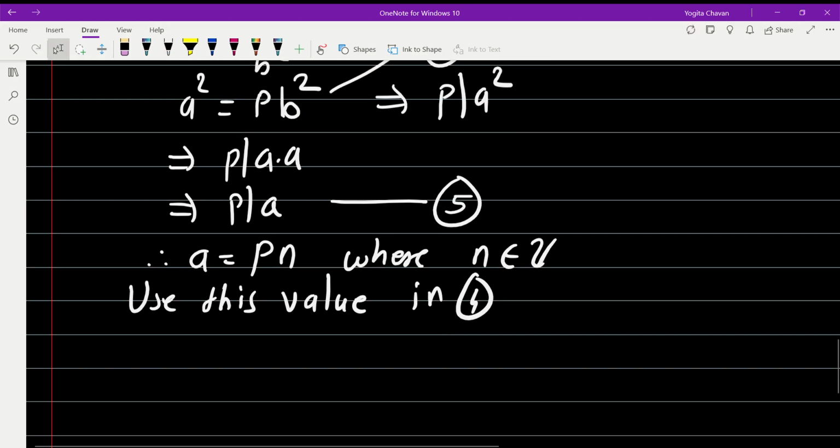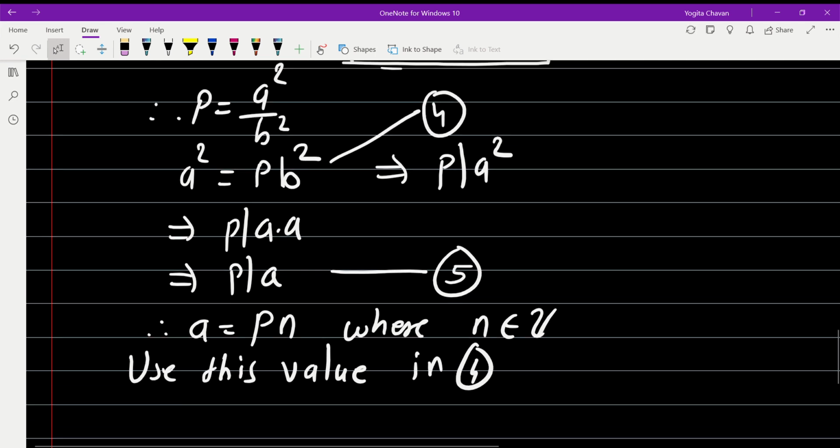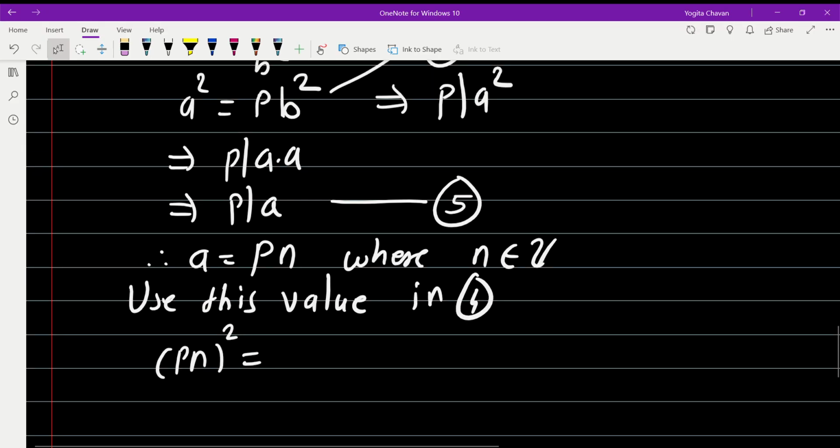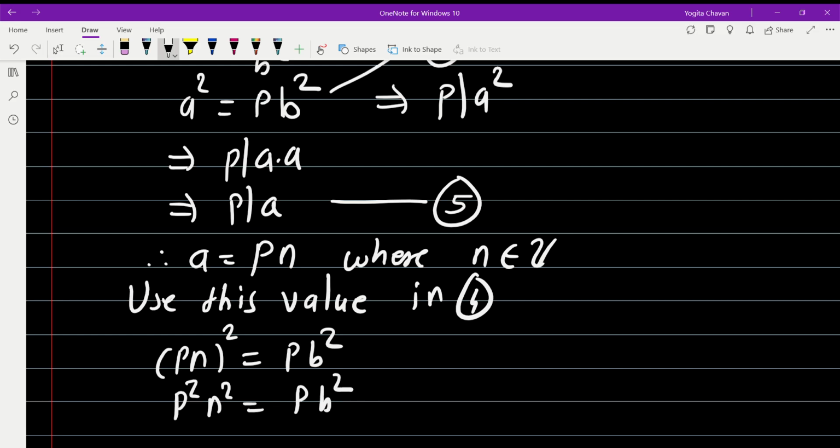Now use this value in 4. Therefore a square is equal to p into b square. So this is p into n, its square, is equal to p into b square. So p square n square is equal to p into b square.